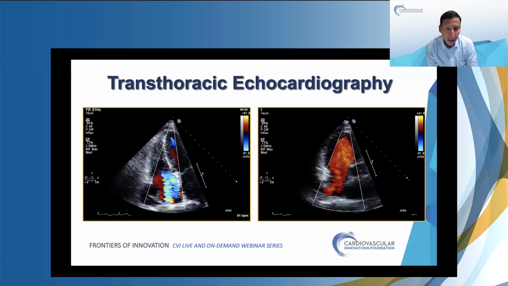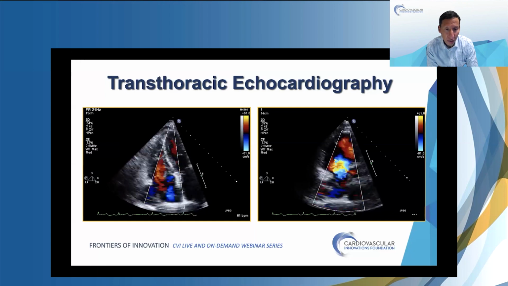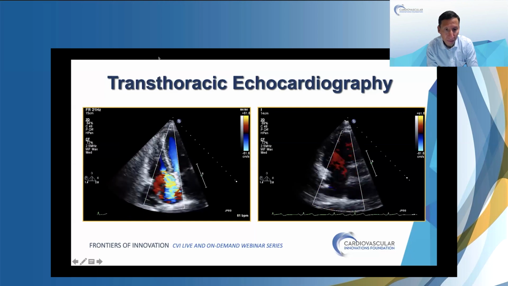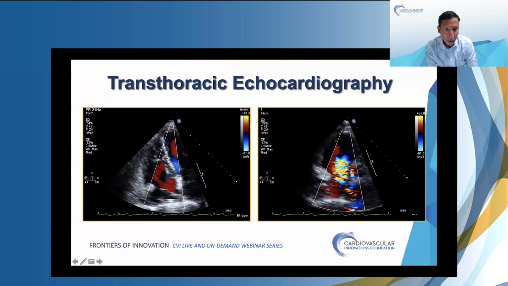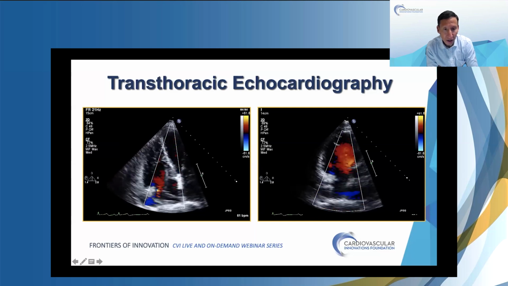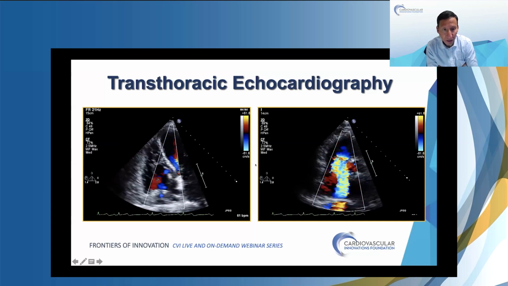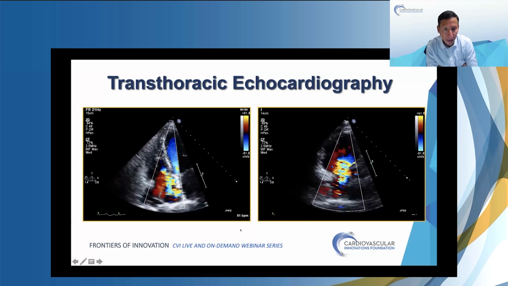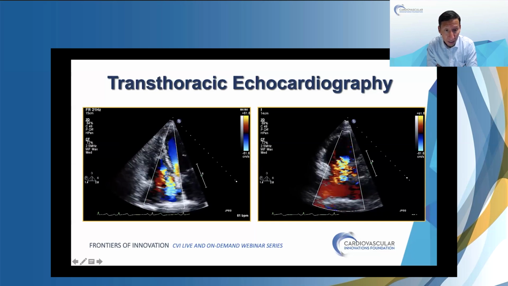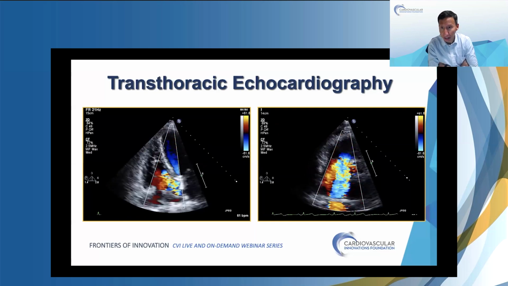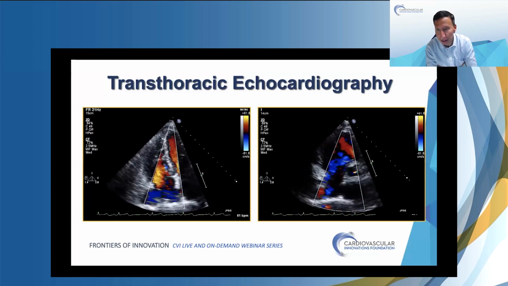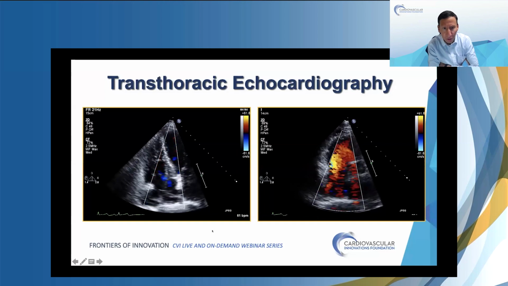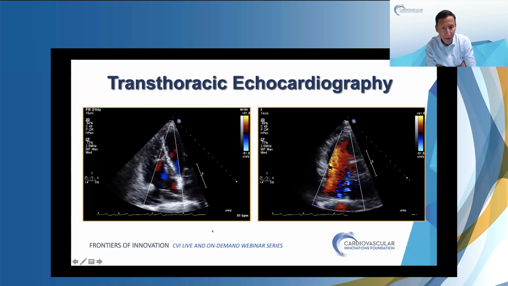You see the lead, you can see it clearly going through the tricuspid valve, and then it really looks biased towards the septum, and it makes me suspicious right off the bat that at least some of the TR is related to the pacer lead. And then the shot on the right, you just see a torrential TR and not much more. But that left image makes me very suspicious.